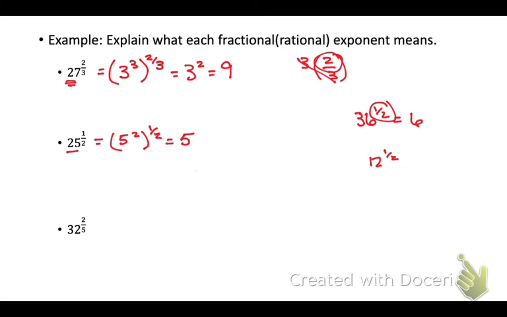I can't do it with 12, but I have 2 squared times what? 3? Isn't that 12? So when I have it like this, I distribute that to both, correct? So I have 2 times 1/2 is 1.